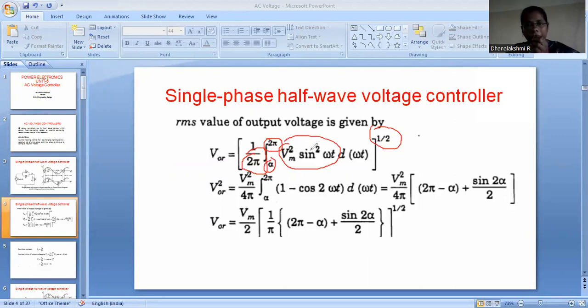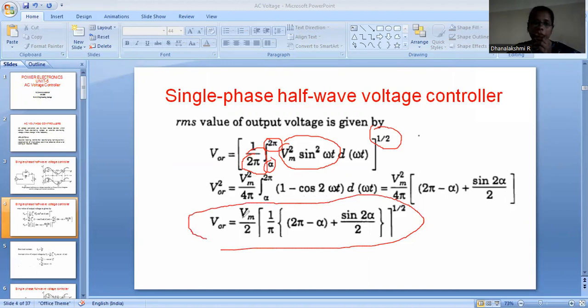In order to find the area, we are integrating between the limits alpha to 2 pi. As we simplify this, we will get our V naught RMS to be this one. So what we have to do is take Vm square outside. Then sin square omega t can be written as 1 minus cos 2 omega t by 2. So before integrating, we are going to convert the sin square omega t term, and this 2 we already have taken out, so it becomes 4 pi.